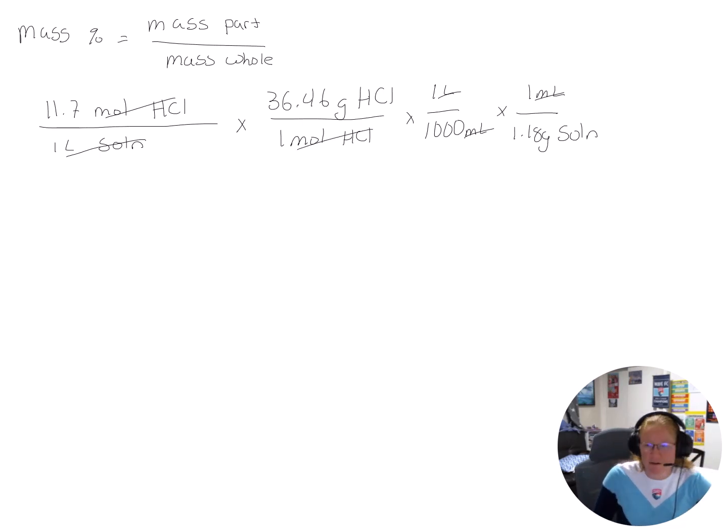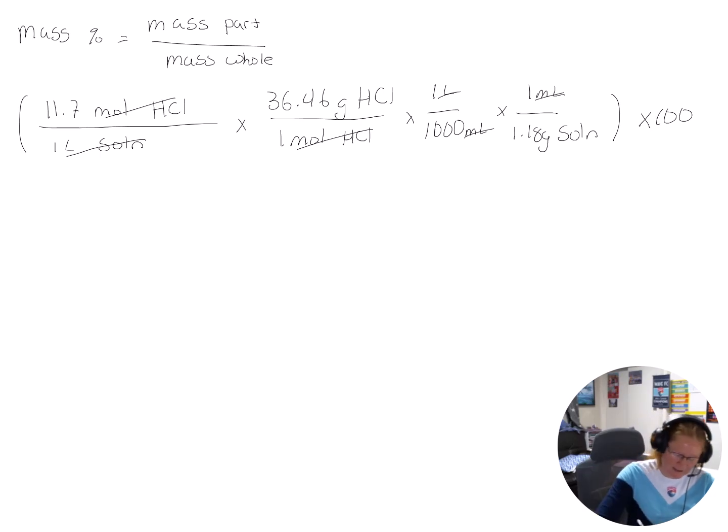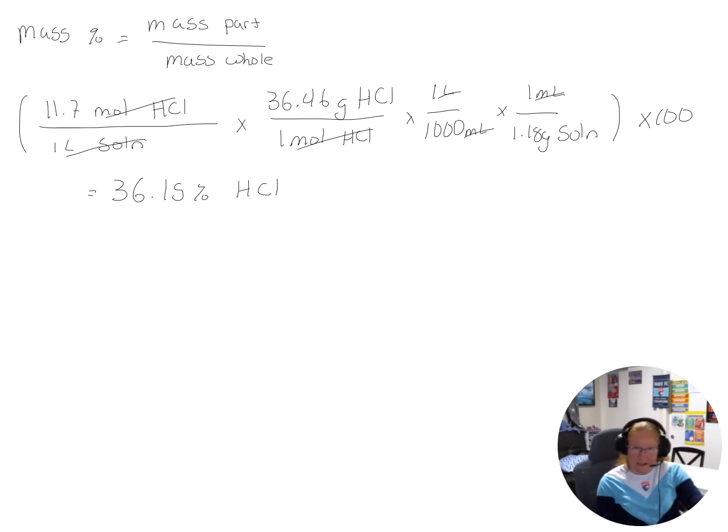So I have grams of hydrochloric acid over grams of solution. Is that part over whole? Yeah. So we just do this times 100 of that whole thing. And we get 36.15% hydrochloric acid.